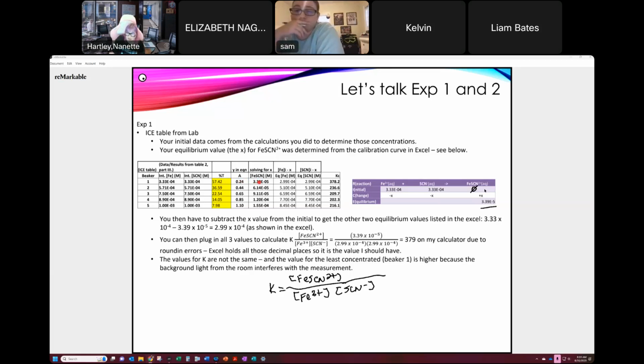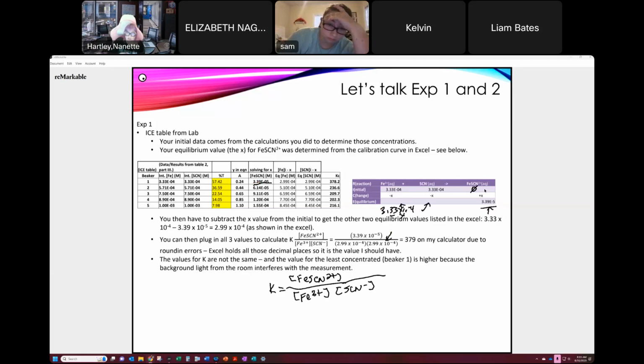Okay, so that is that number right there, and that's where that comes from. I took this right here and I put that right there. Okay, now I also know that my expressions right here are going to be what I started with, that 3.33 times 10 to the minus fourth minus that X value. Okay, and that's for both of those. And so that's how I got the numbers that I plugged in here.